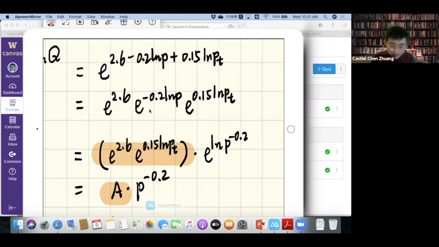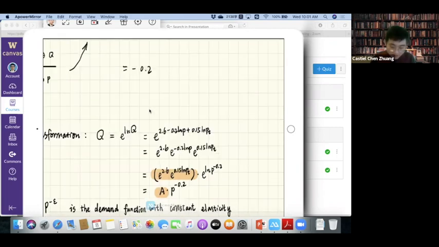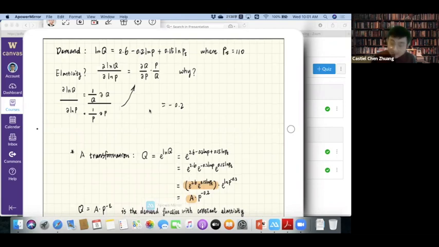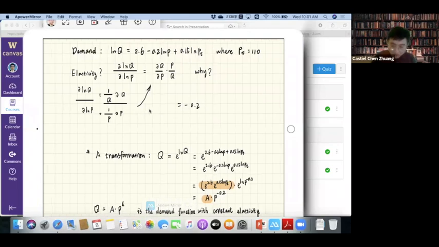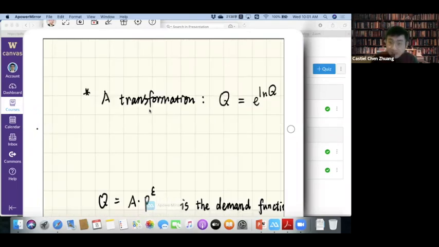So if you ever see a demand function with this form, Q equals A times P to the power of something, then you will instantly know that it's a demand function with constant elasticity, and the elasticity of demand is just epsilon.